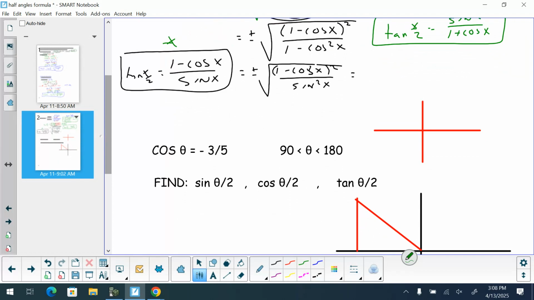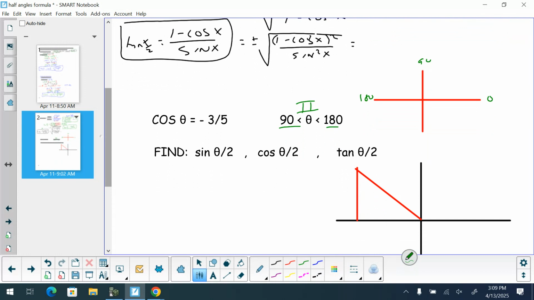So if we take a look at our problem, we have the cosine of theta is equal to negative 3/5, and theta is in between 90 and 180. If I'm talking about between 90 degrees and 180 degrees, what quadrant would that tell us? Well, this would be 0, this would be 90, this would be 180 in our rotation, so this would be in quadrant 2, which I have drawn there for you.